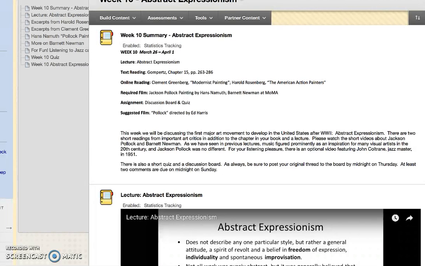So I hope you'll look at those readings carefully and really think about the fact that they seem to come from two different orientations. Greenberg is perhaps more cerebral, more logical in the way he understands what an artwork is, how an artwork is determined, and how an artwork fits into the logic of art as it has developed over time.